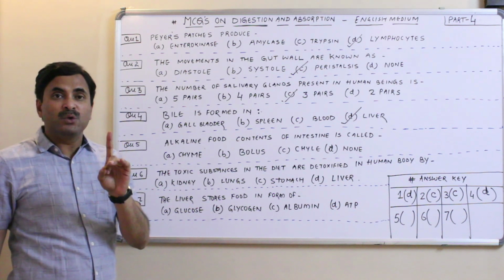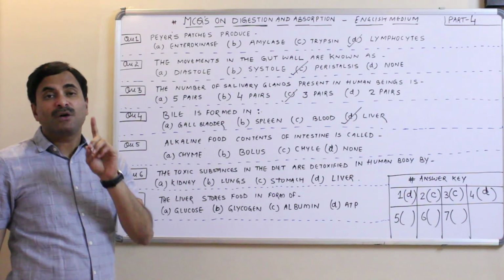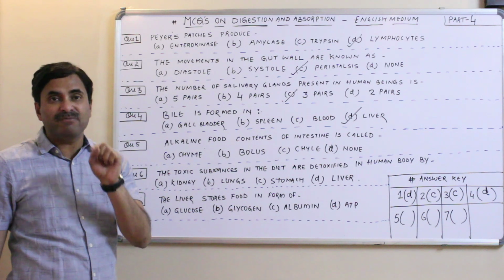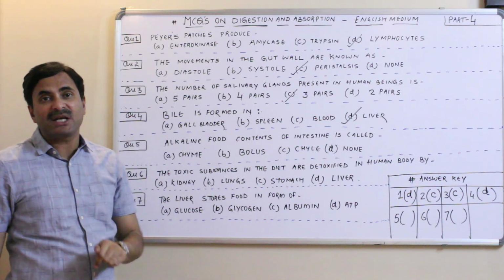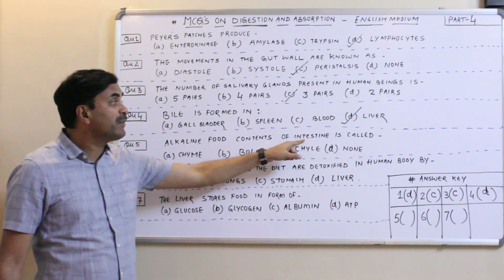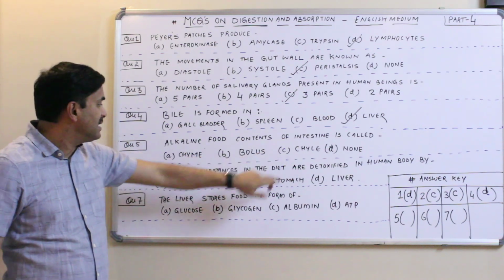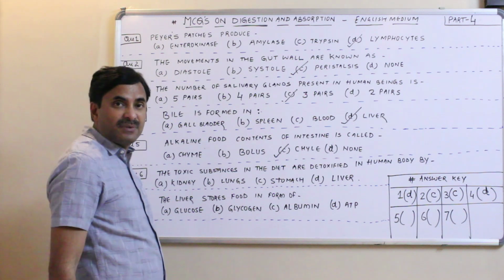The form of the food found in your buccal cavity is the bolus. The form of the food found in your stomach is called chyme, and the more digested form of the food found in the intestine is called chyle. So the alkaline food contents of intestine must be chyle. So question number 5 has the answer C, that is chyle.